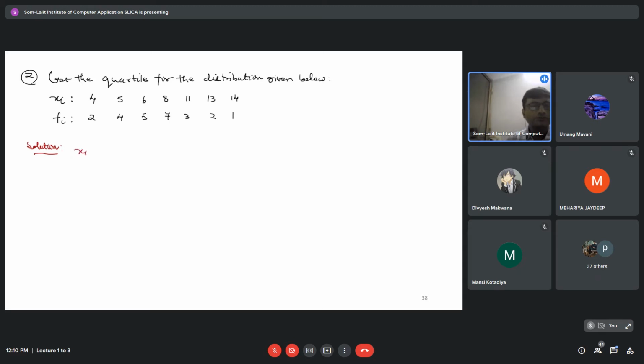You are given the xi data, and these are the occurrences, the number of repetitions. We have 4, 5, 6, 8, 11, 13 and 14, with frequencies 2, 4, 5, 7, 3, 2 and 1.